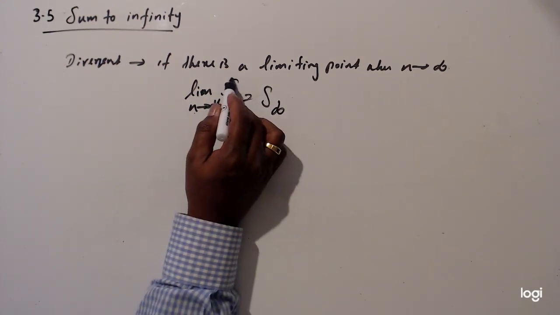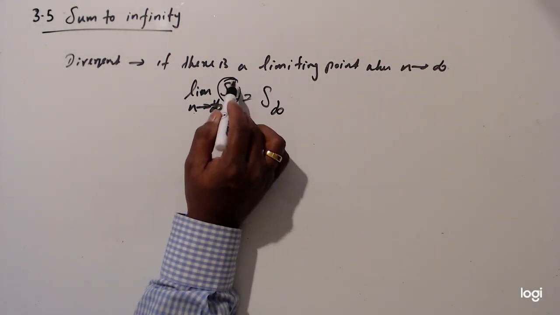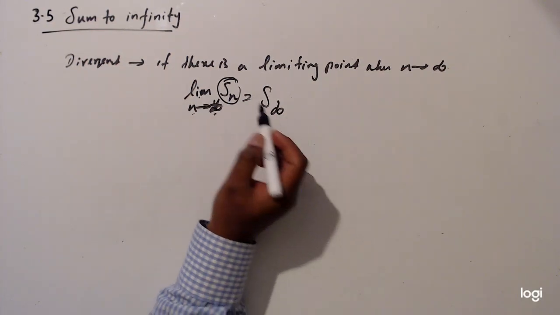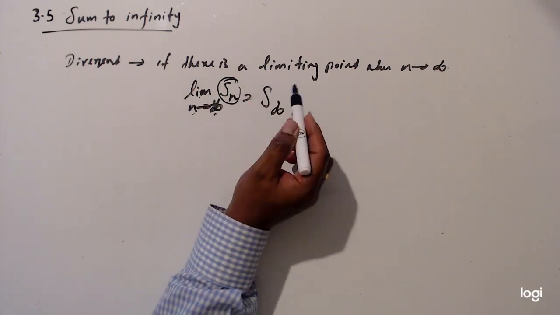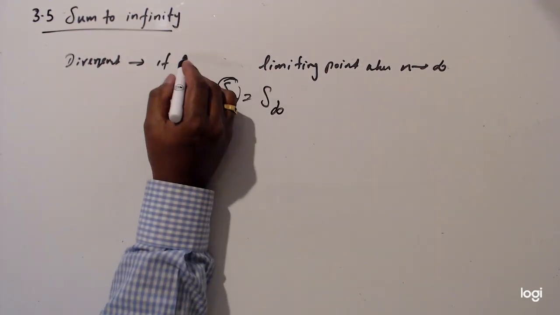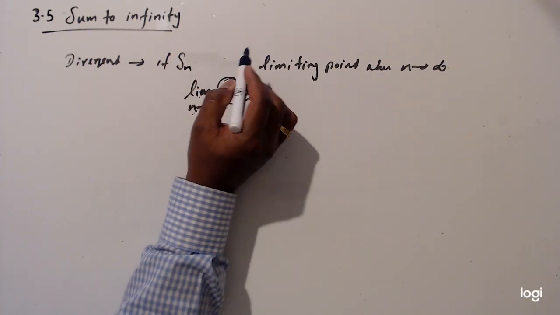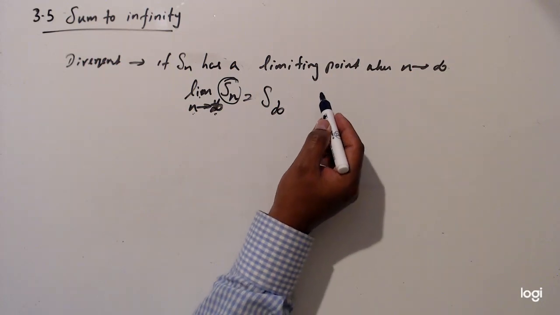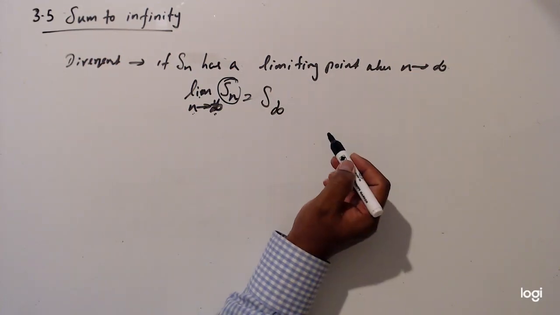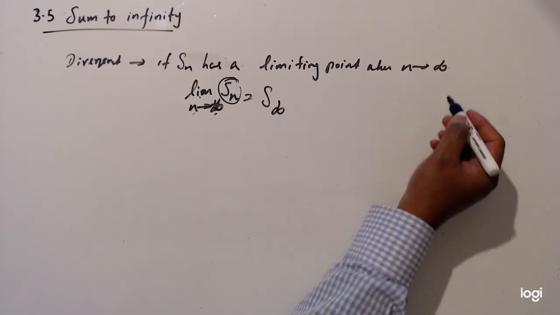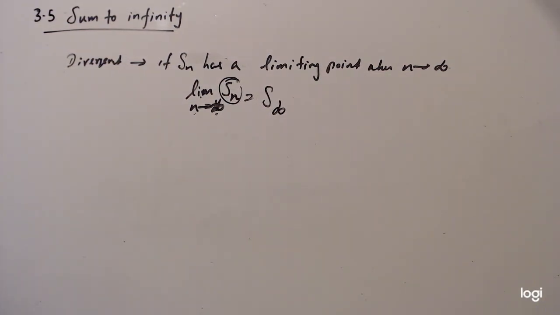What will happen to the limit of Sn as n goes to infinity?